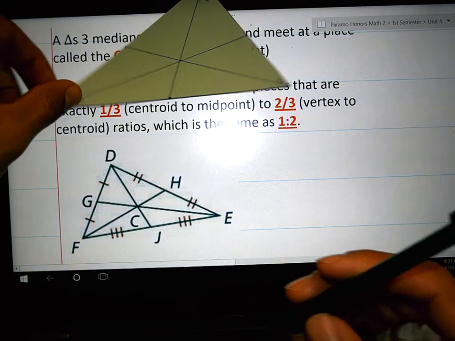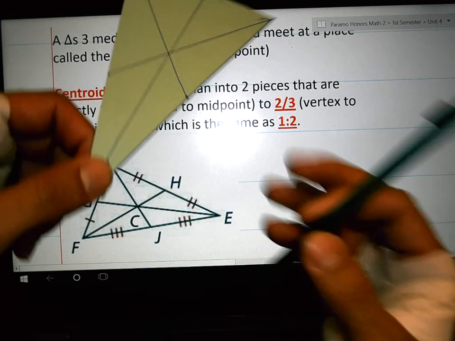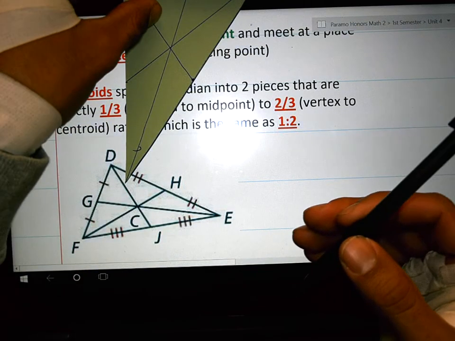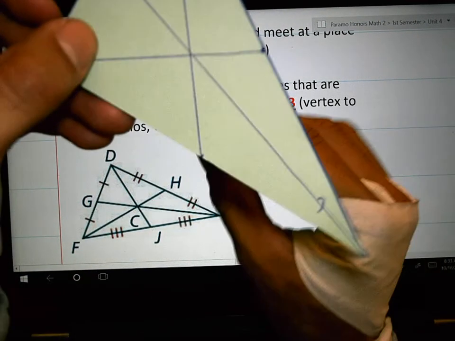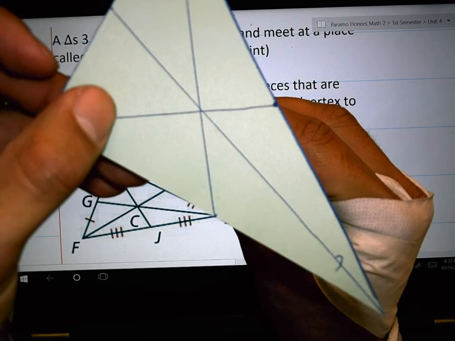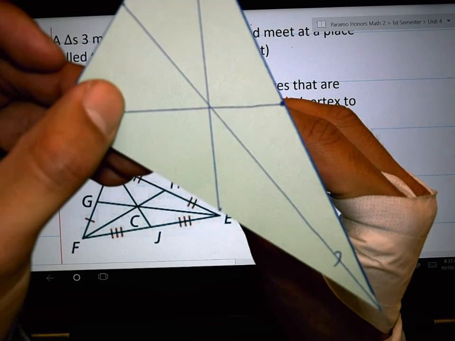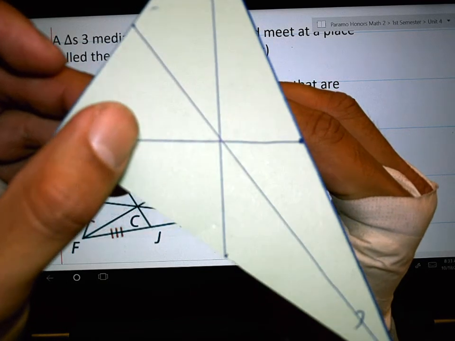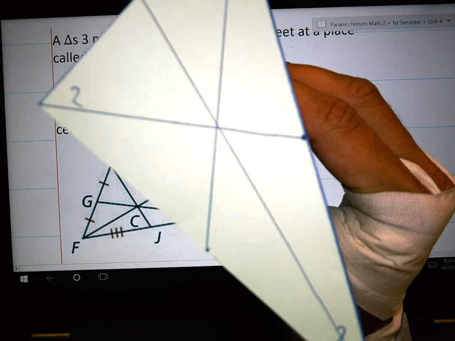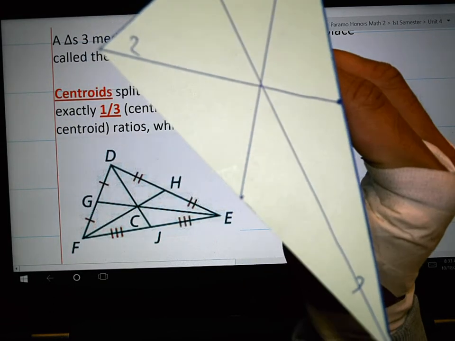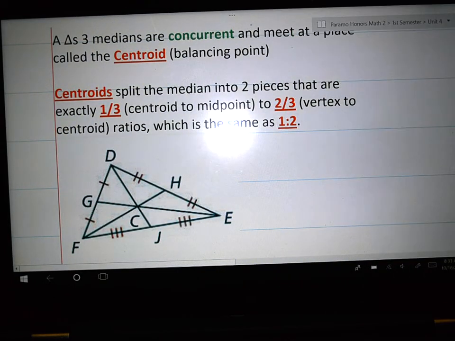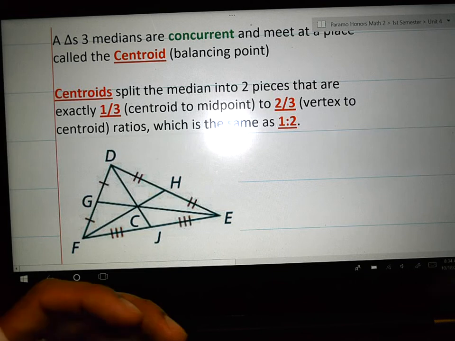Well, it's really hard to do this on camera, but I am going to attempt to do it one more time. Let's try one more time. If not, I will just do it in person live with you guys. Woo! Ta-da! So now I'm going to show you guys live in the classroom what it looks like. Right there. It's the balancing point. That's exactly at the centroid, right there.